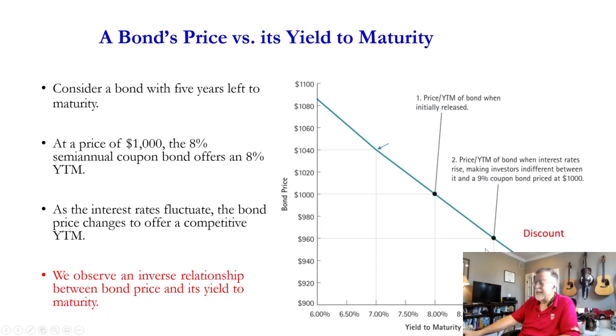So there's an inverse relationship between bond prices and yield to maturity. This bond's going to sell at a discount. This bond's going to sell at a premium. This relationship is important to realize because it fluctuates pretty regularly with changes in interest rates, and that's what causes bond prices to change.